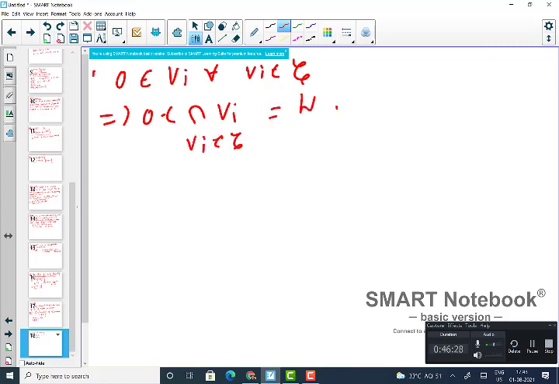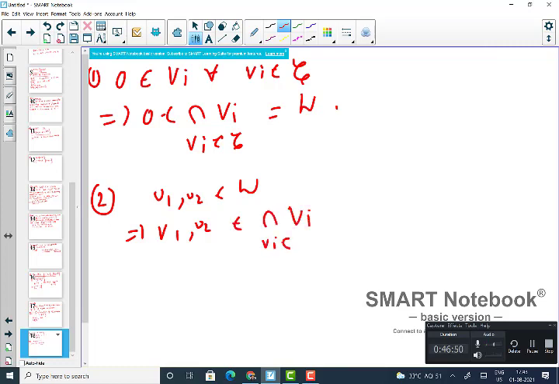So condition 1 is satisfied. Condition 2 is also obvious. It is closed under addition. What does that mean? We choose some v1 and v2 belonging to W. This implies that v1 and v2 are elements of the intersection, right?